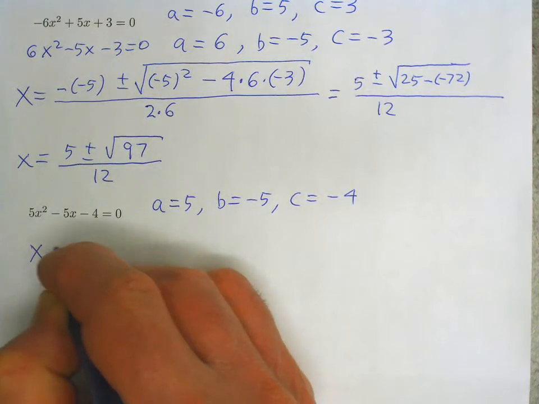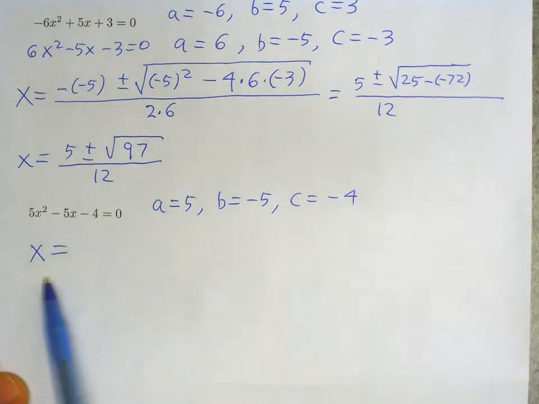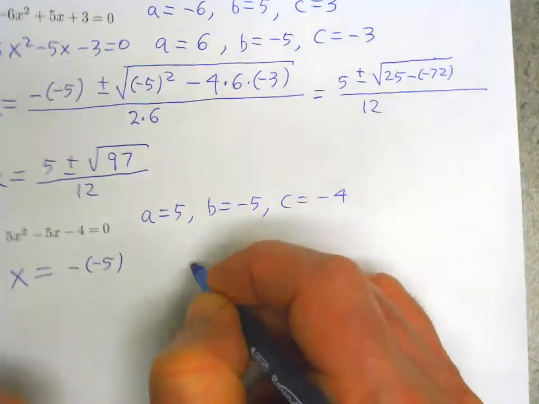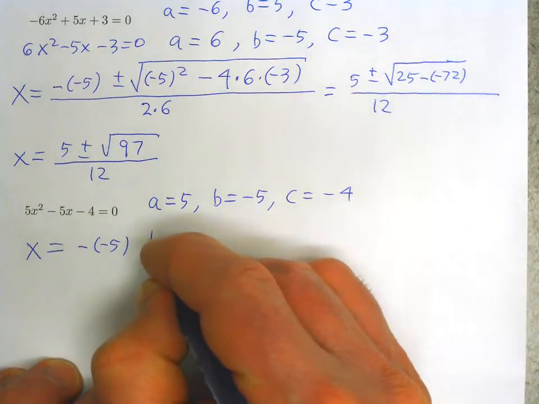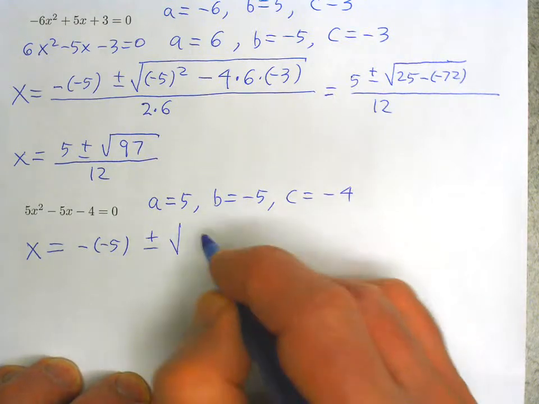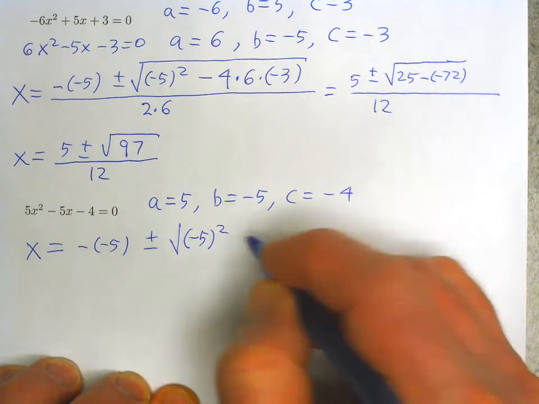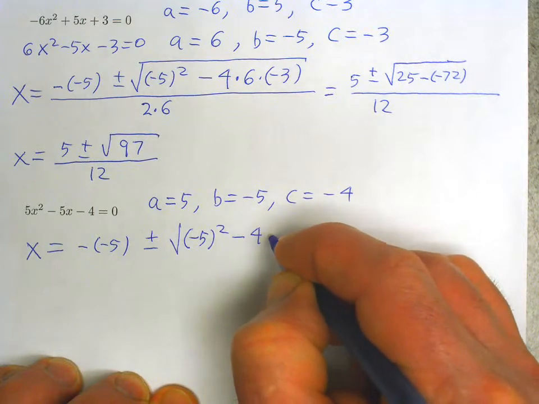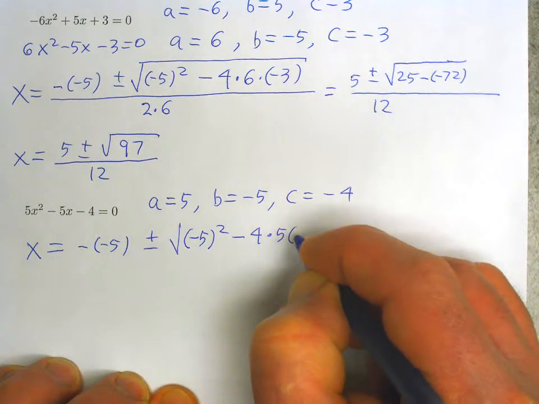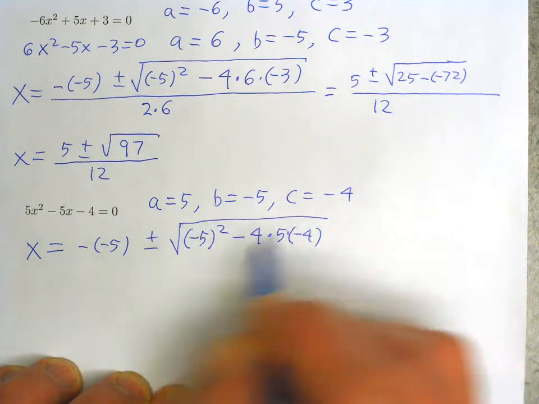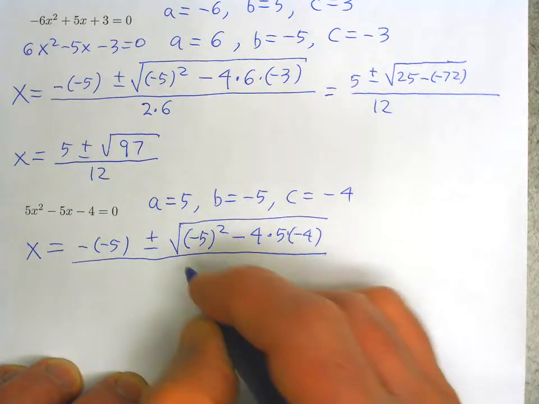So x equals, we're solving for x equals the negative of negative 5 plus and minus the square root. Inside the square root, we have the number negative 5 squared minus 4 times 5 times negative 4. And this is all divided by 2 times 5.